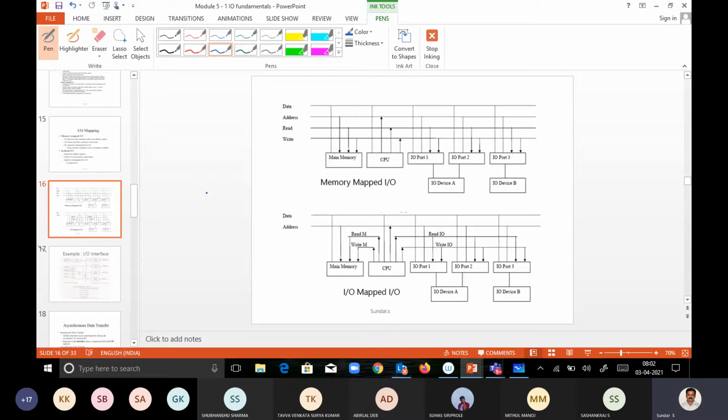Number one is IO mapped IO or isolated mapped IO, and second is memory mapped IO. We discussed in detail, and we concluded that IO mapped IO is suitable for low-end applications, and for larger systems we have to go with memory mapped IO.